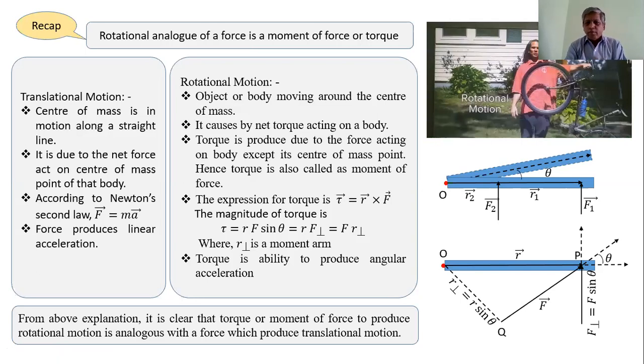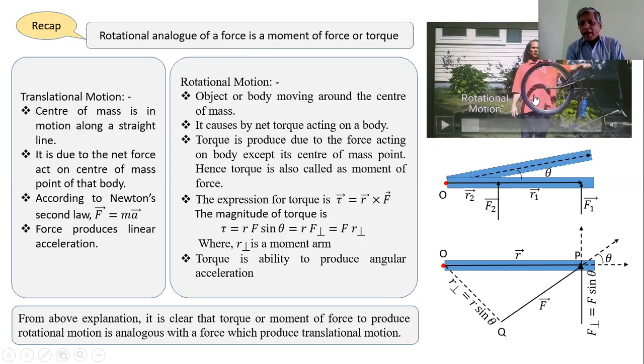In this motion, the particles revolve around the center of mass point, and every particle has a different linear displacement. The particles at the rim of the wheel travel a larger distance as compared to the particles nearest the axis.